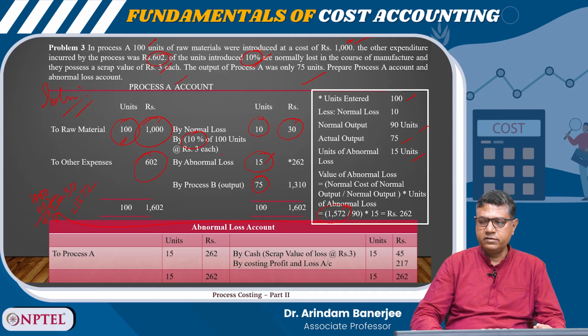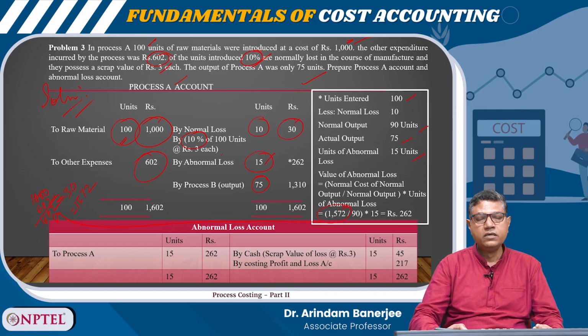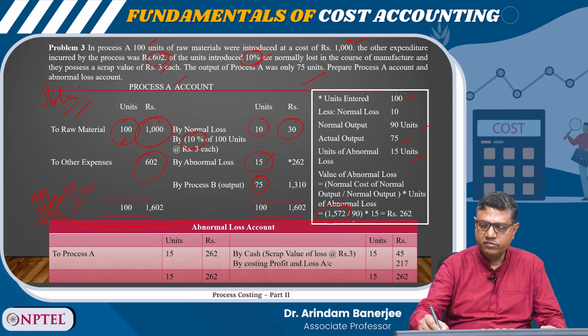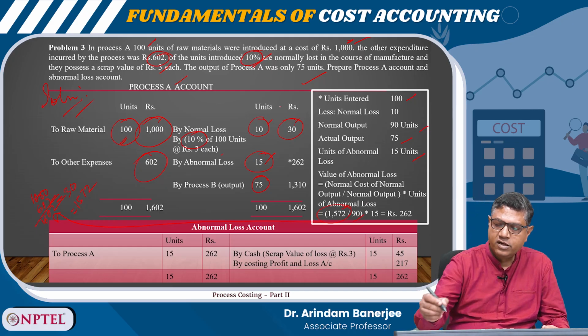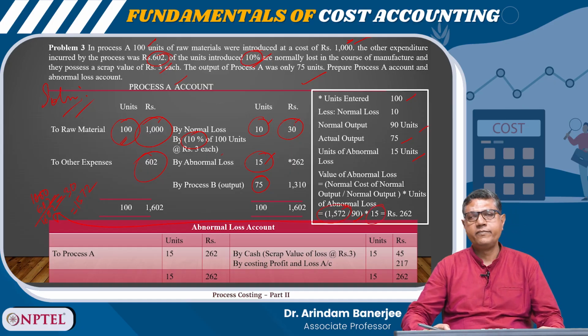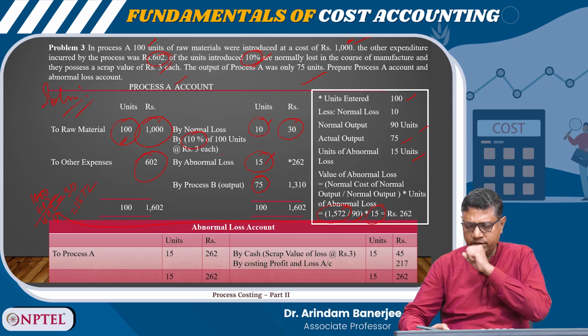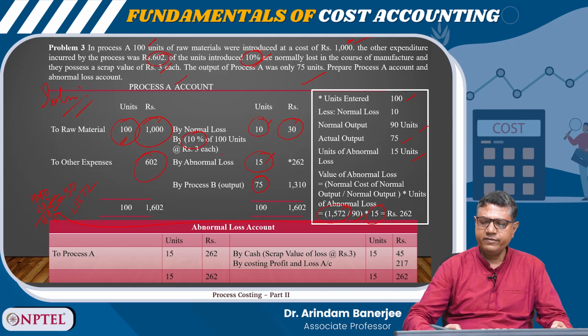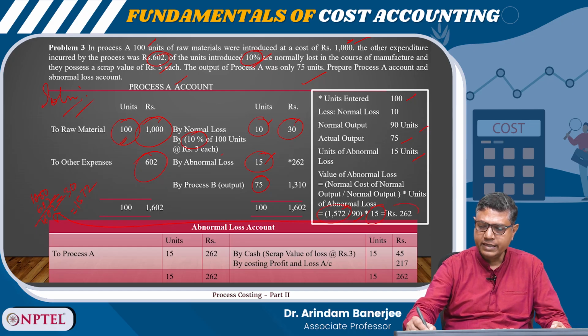And this 1572 should be my cost for 90 units, because 10 is my normal loss, 90 into the abnormal loss of 15, right. So, 1572 divided by 90 into 15, it is coming to 262.